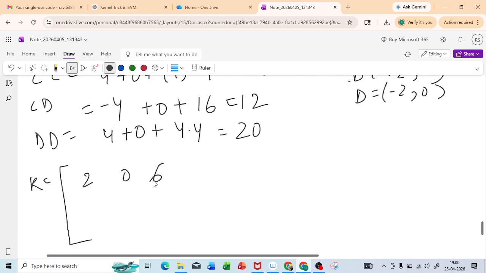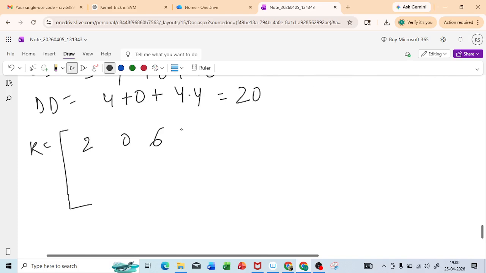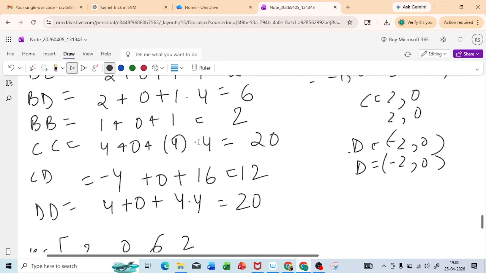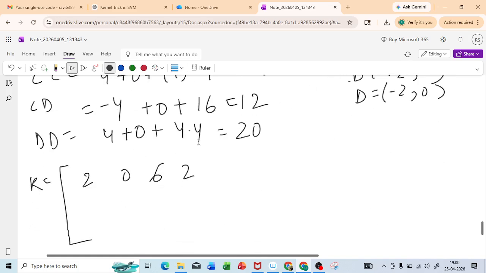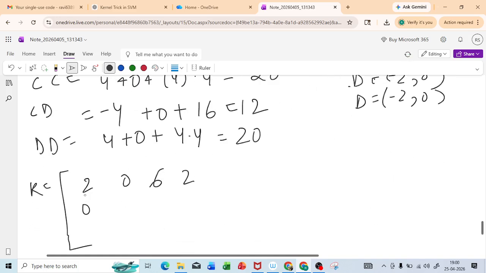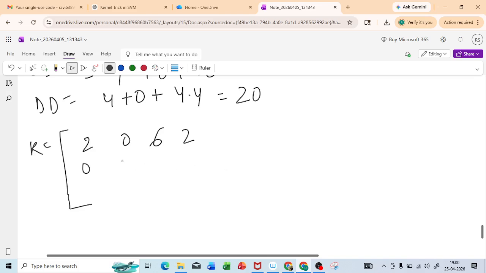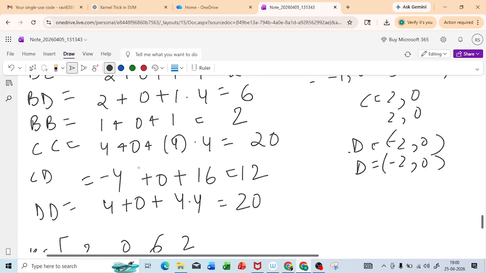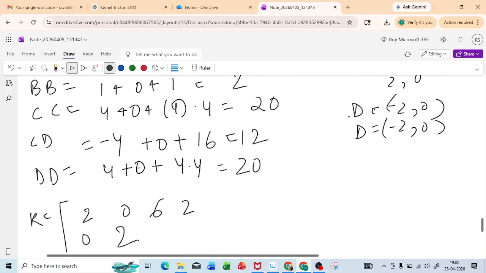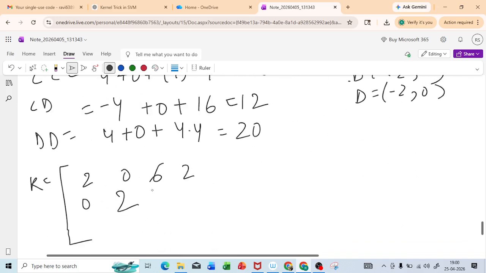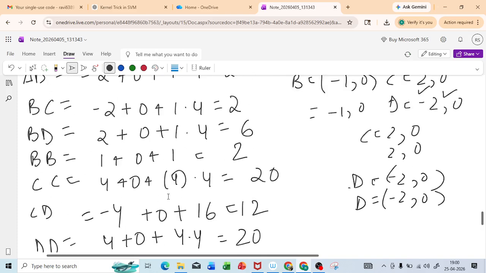AD is 2. Now BA would be the same as AB, which is 0, and BB is 2. BC, which we have calculated, is 2. What is BD? BD is 6.